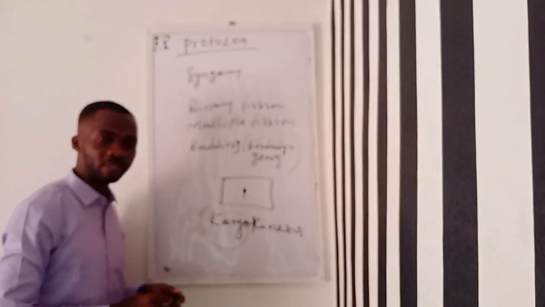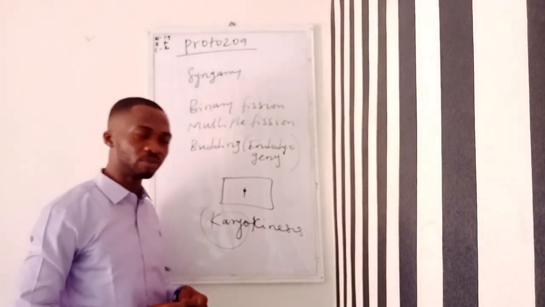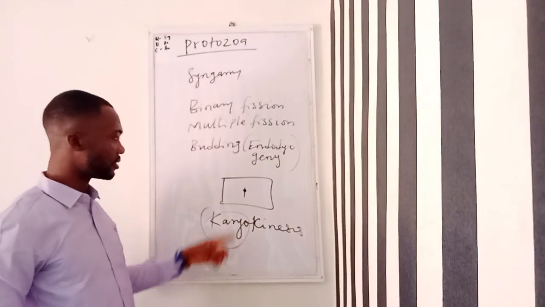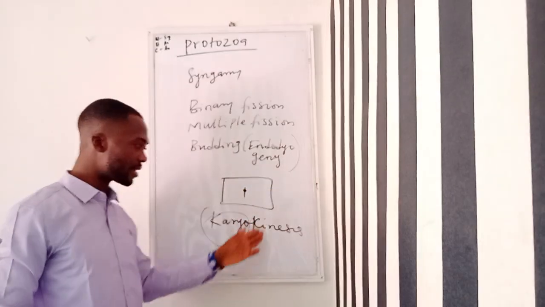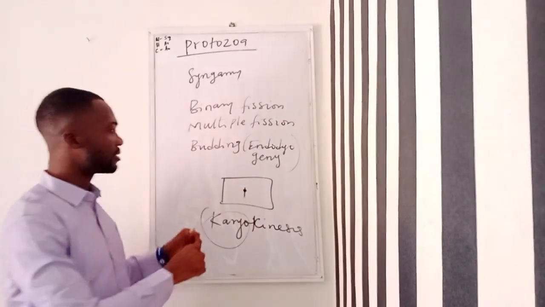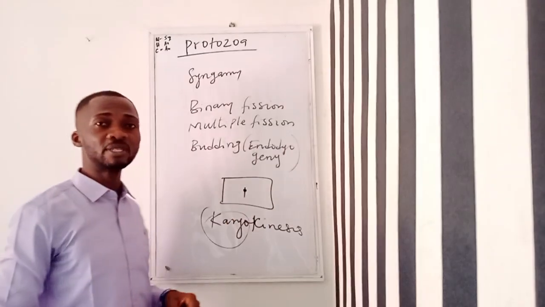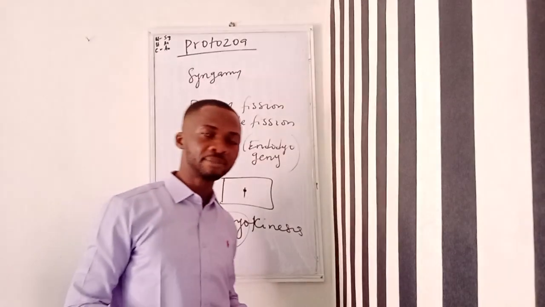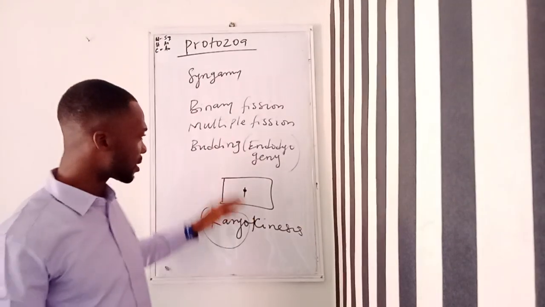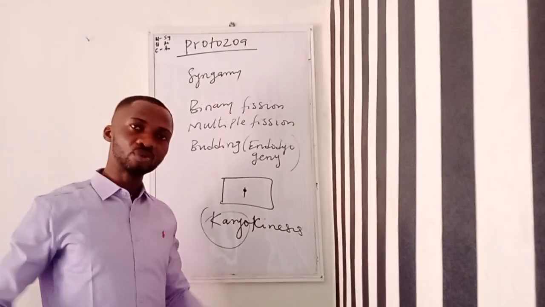Most words that begin with karyo refer to the nucleus in biology. Kinesis means division, and this is followed by the division of the cytoplasm, which is called cytokinesis. So this is what separates the cells into two.